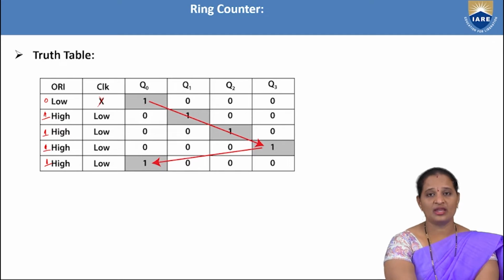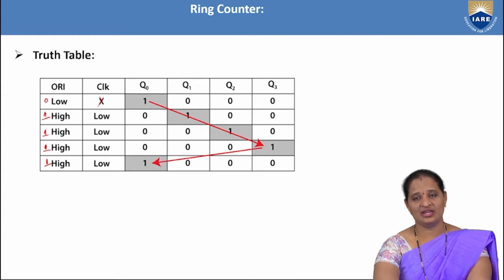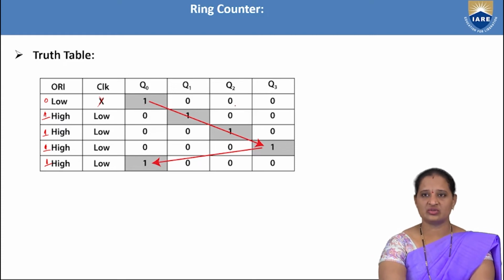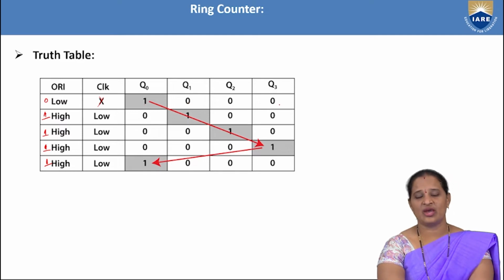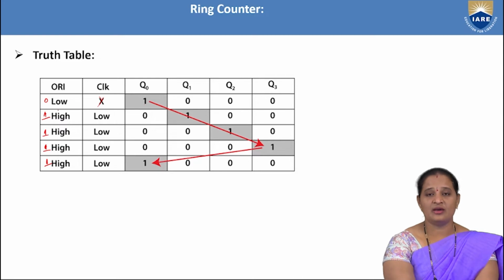Whereas this ORI input is applied as clear input to flip-flops 1, 2 and 3. This resets the 3 flip-flops, and hence Q1 is equal to 0, Q2 is equal to 0 and Q3 is equal to 0. Now let us make the ORI input high, that means 1.